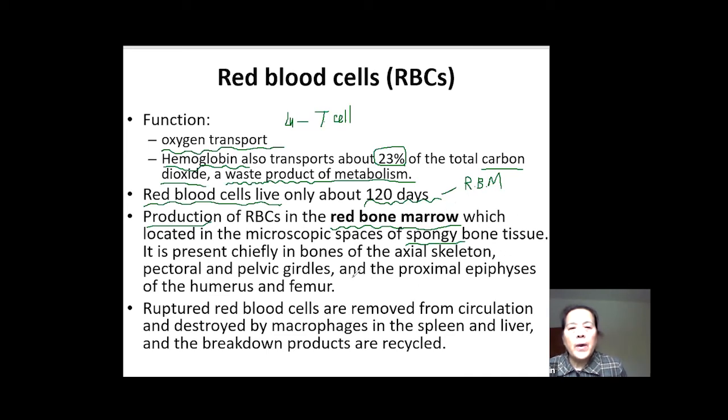And the red blood cells are released into the blood circulation, and after 120 days they end their life. They are broken down in the spleen and liver area.